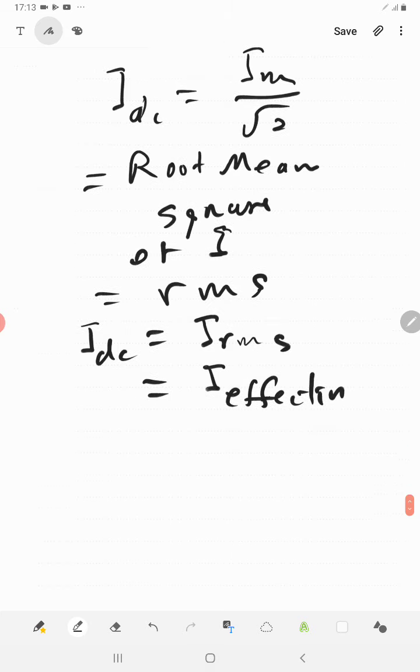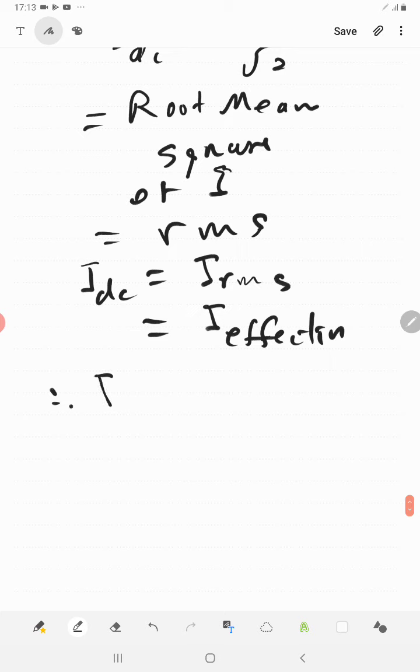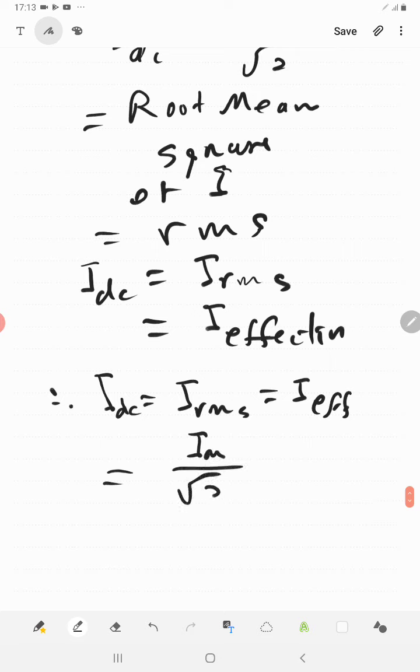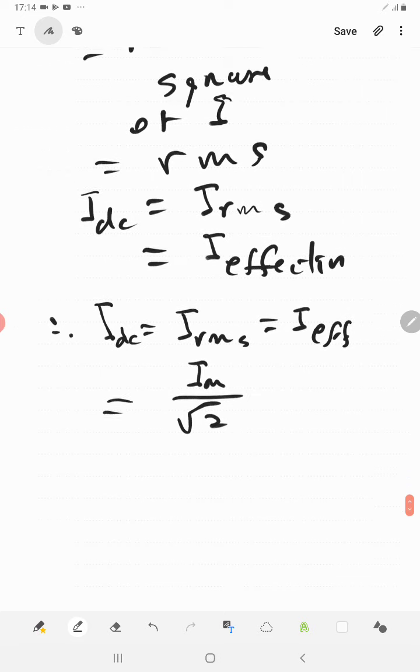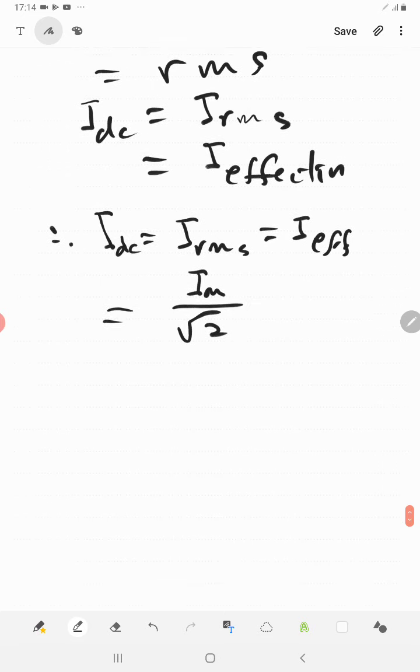It's the same. Therefore, IDC is equal to IRMS is equal to I effective. I effective is equal to I maximum over root 2. This is if we have a sinusoidal waveform.